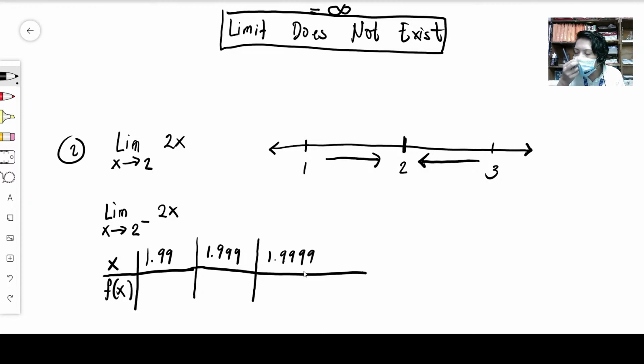Now when you try to evaluate the values of this function when x is equal to 1.99, x is equal to 1.999, you will see, let me use the calculator first.